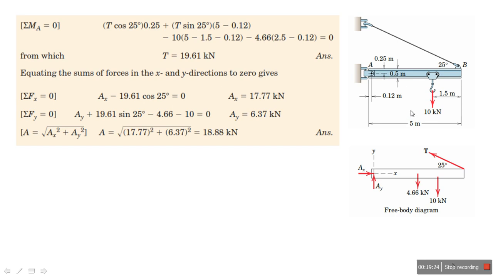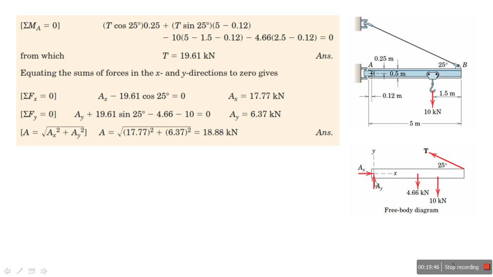The weight is in the middle of the beam, so it is the force multiplied by 2.5 meter, minus this distance, equal to 0. In that case, I can get T.